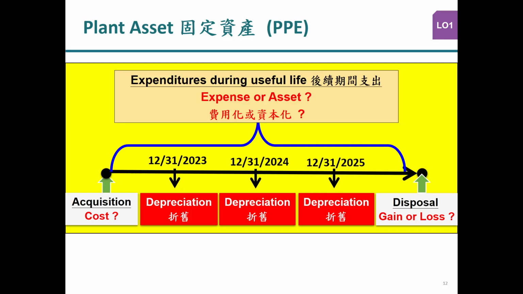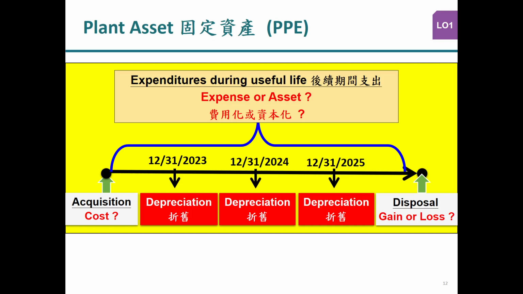If you don't have any questions, then there are 4 issues we want to talk about on your PPE. Always, like inventory, what's the first issue? Determine the cost. How much money you spend to buy your PPE?